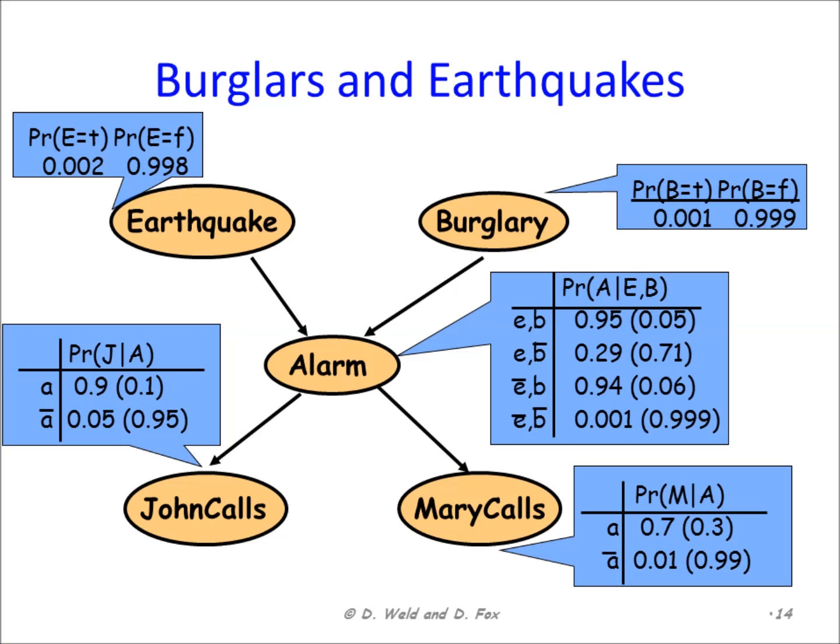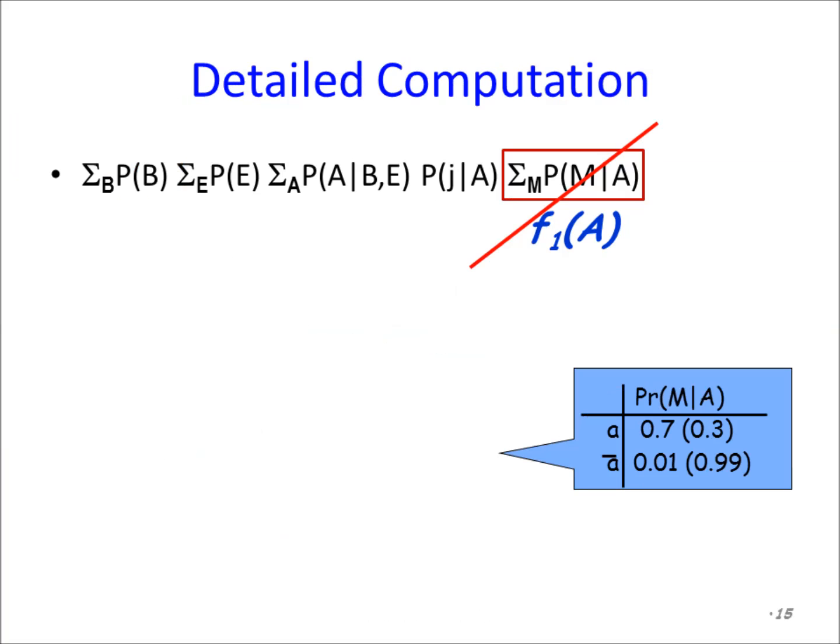So this was a Bayesian network. And suppose we want to compute this particular term: sum over M, A, B, E, PB, PE, PA given BE, PJ given A, PM given A. Basically, you want to compute the marginal probability that John will call. So one step at a time. Sum over M, PM given A is what?